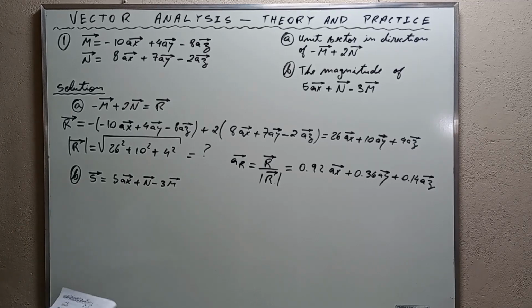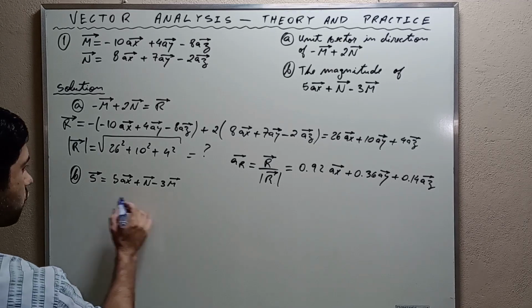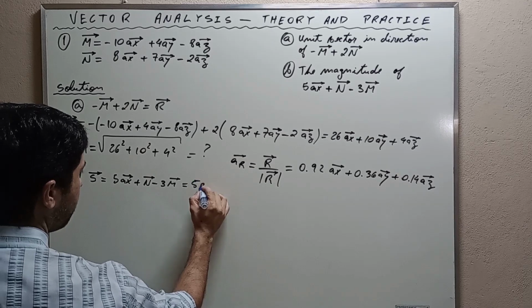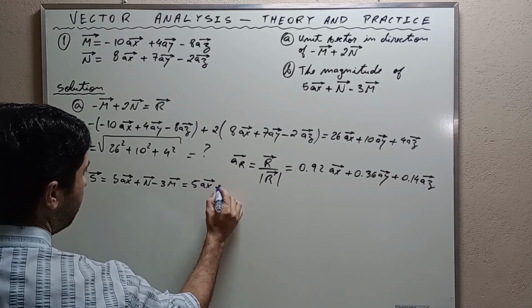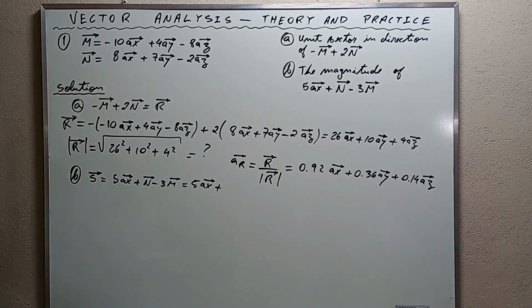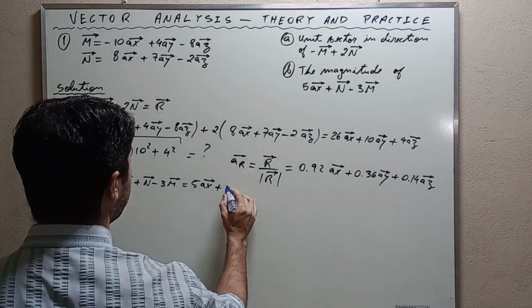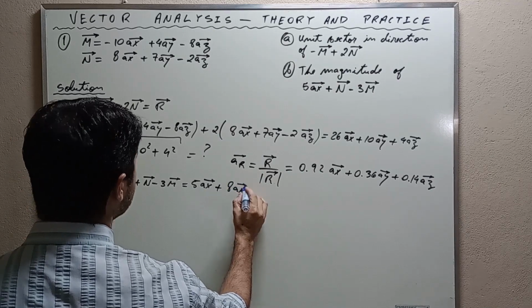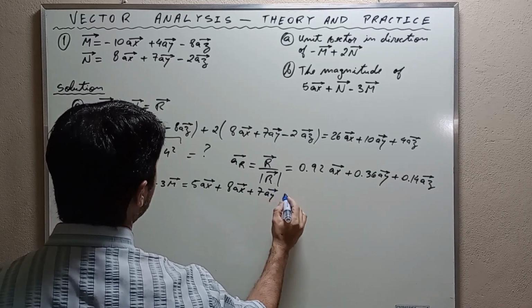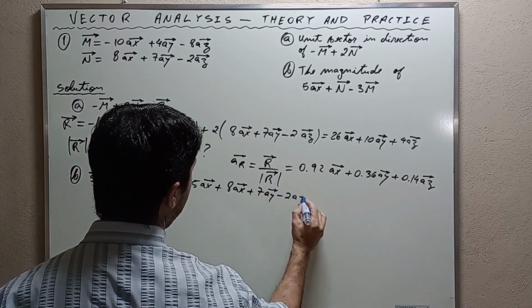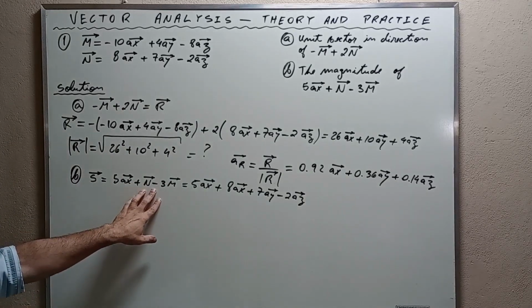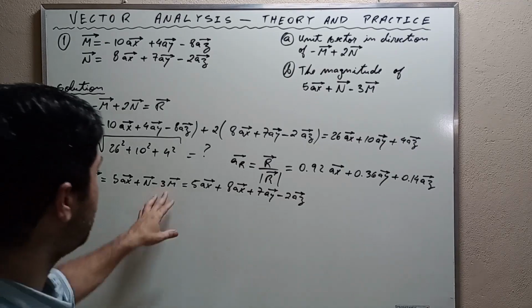S is going to be 5 times AX plus N. Where is N? N is simply this. Okay, 8 AX plus 7 AY minus 2AZ and minus 3M.